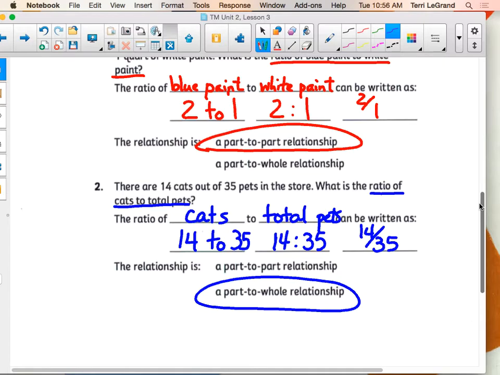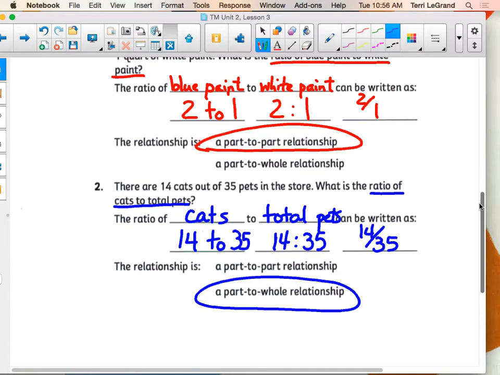a part-to-whole relationship. Fractions are never a what? Part-to-part relationship. Ratios are sometimes a part-to-part relationship. Ratios are sometimes a part-to-whole relationship. So is this 2 to 1 here, in that first one, a fraction? Is it a fraction?